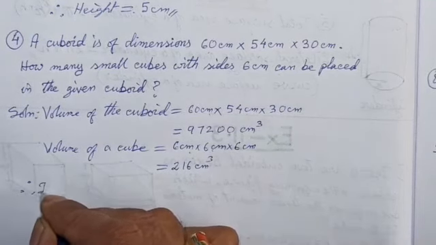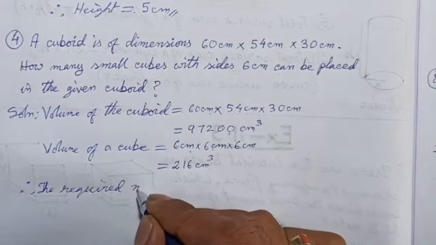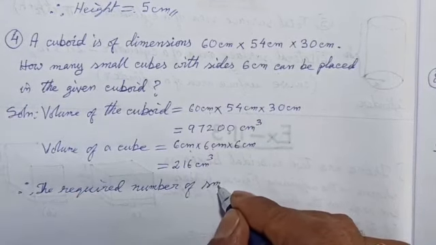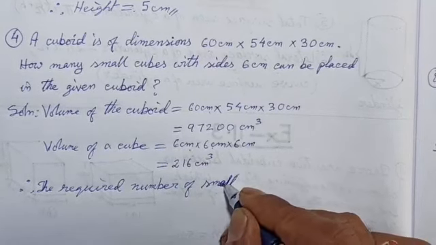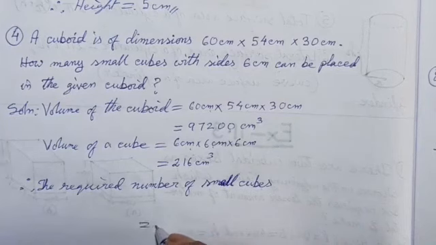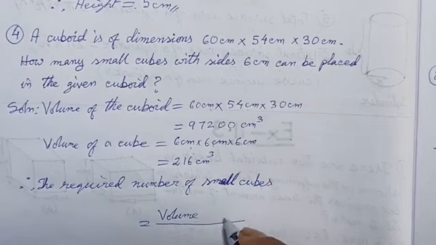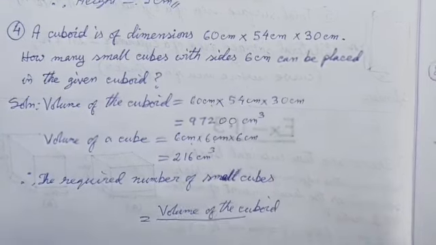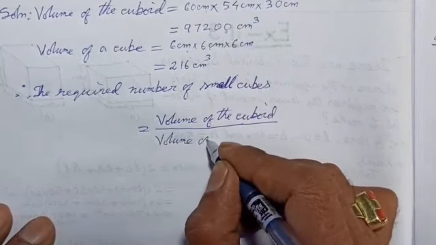Therefore, the required number of small cubes is equal to volume of the cuboid divided by volume of a cube.